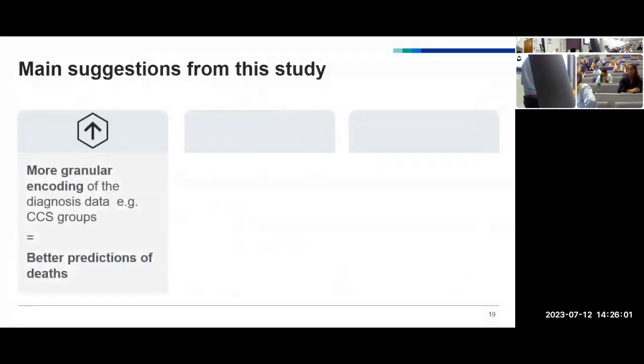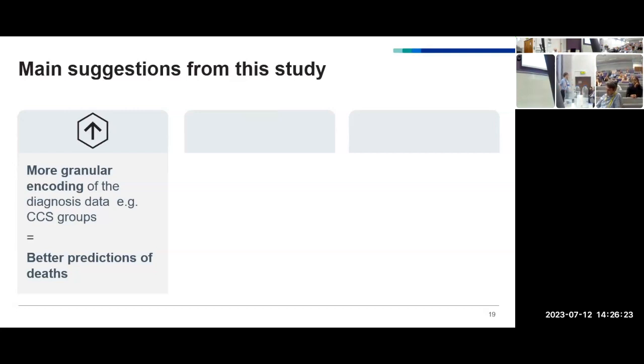So my main strength in this study was that they used more granular diagnosis encoding, for example, CCS groups, because I think it would result in better predictions of deaths. Luckily, the community in NHS England are already testing this out.